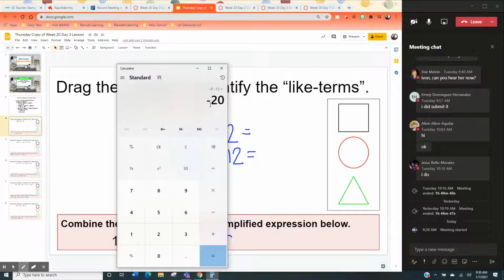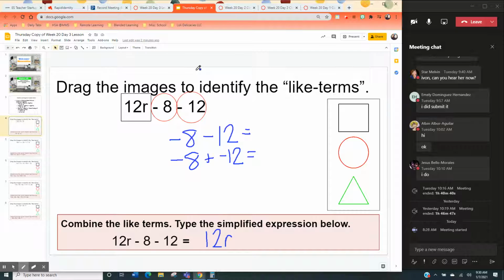So notice that it gives me negative 20. Is it okay to use your calculator? Yes, it is perfectly fine to use your calculator. So notice that that gives us negative 20.